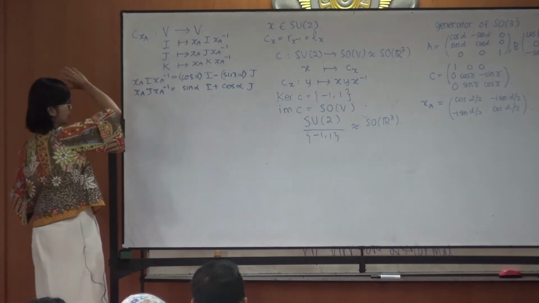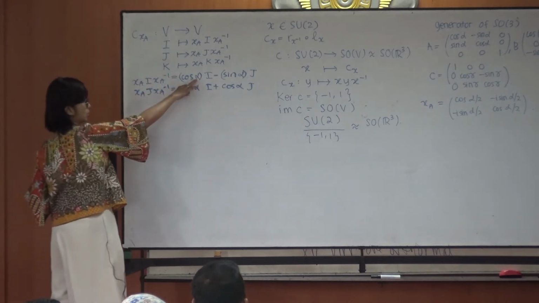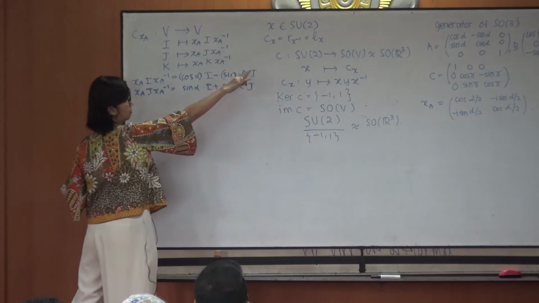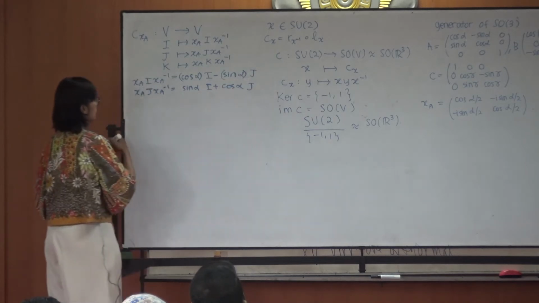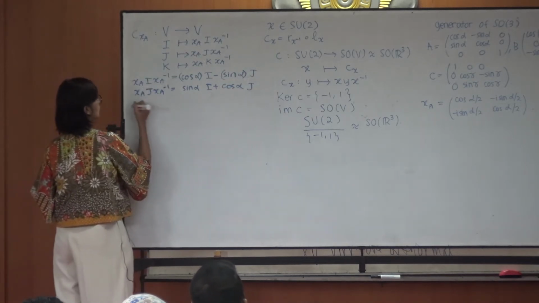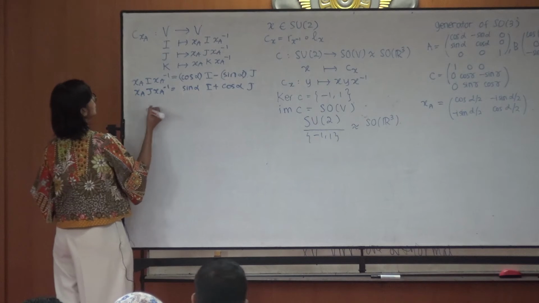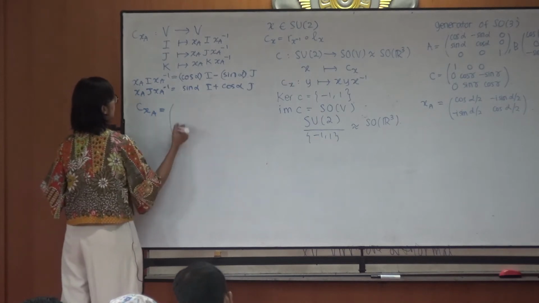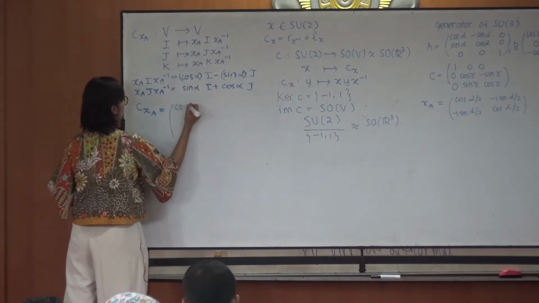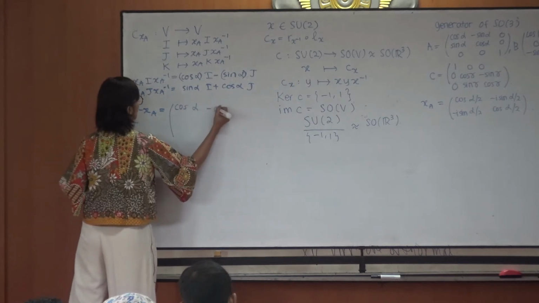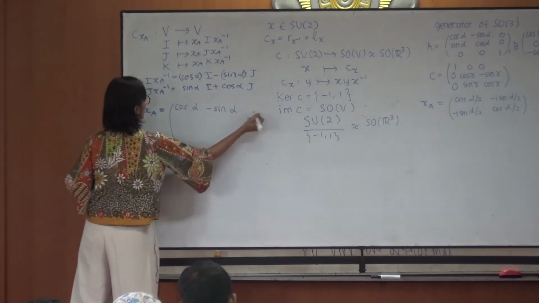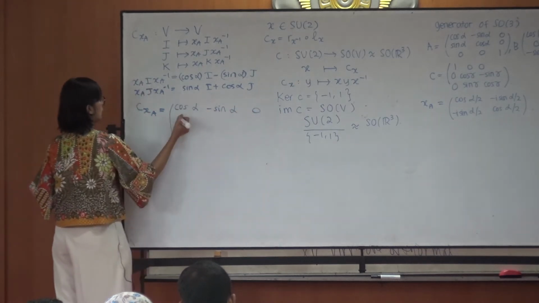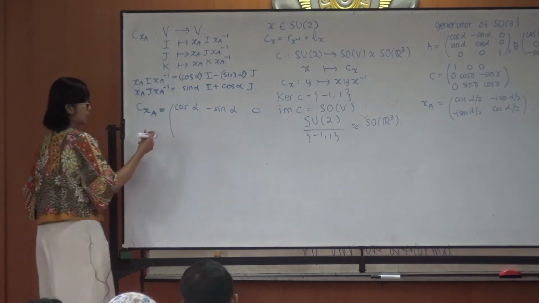The first row is cos alpha, minus sin alpha, and then no K. So CXA is this matrix: cos alpha, minus sin alpha, and 0.